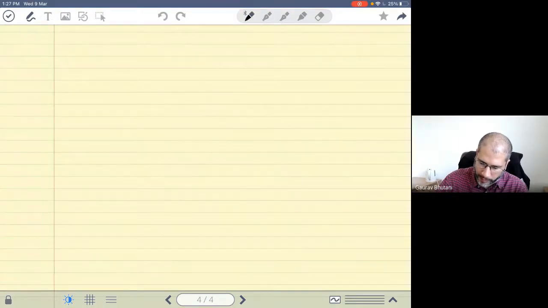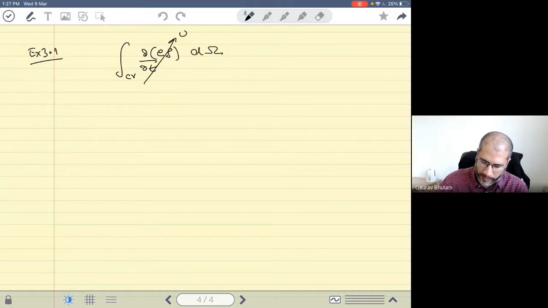So what we found out for that example 3.1, the integral over control volume of partial by partial t of beta times density, this term was 0, and that was 0 because we're talking about a steady state situation.